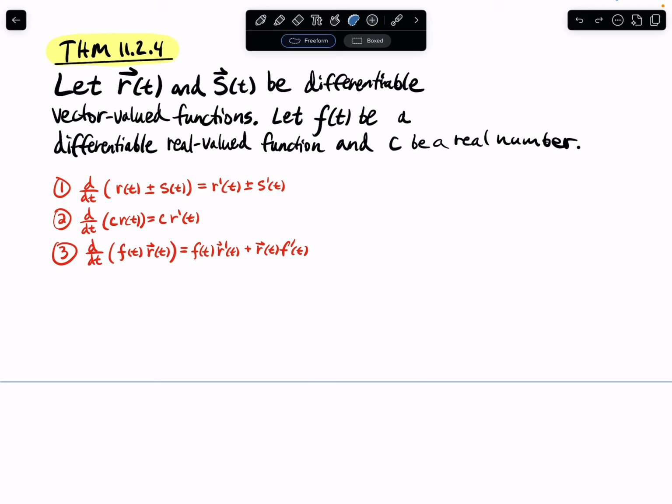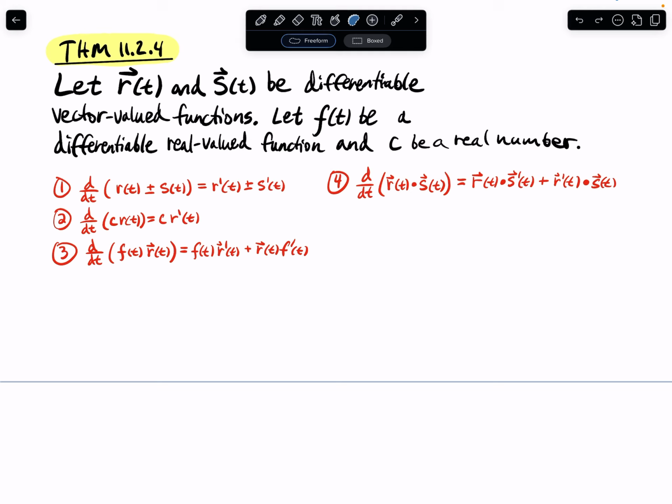if I take the derivative of a vector valued function multiplied by a real valued function, then I have the first times the derivative of the second plus the second times the derivative of the first. Product rule.